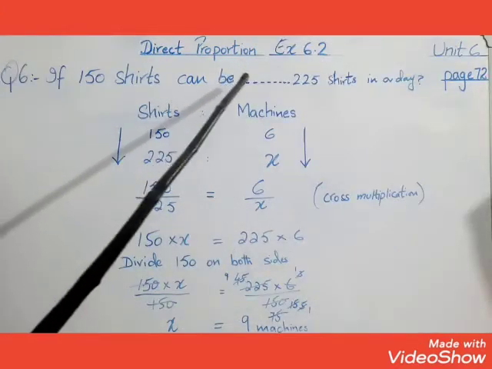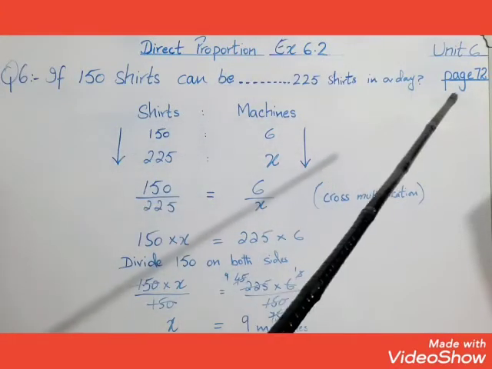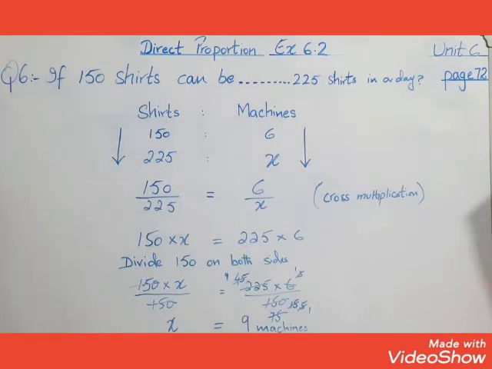Now see exercise 6.2, page 72, question number 6. Now students, open your maths book, page number 72 and see question number 6. If 150 shirts can be stitched on 6 sewing machines in a day, how many machines are required to stitch 225 shirts in a day?